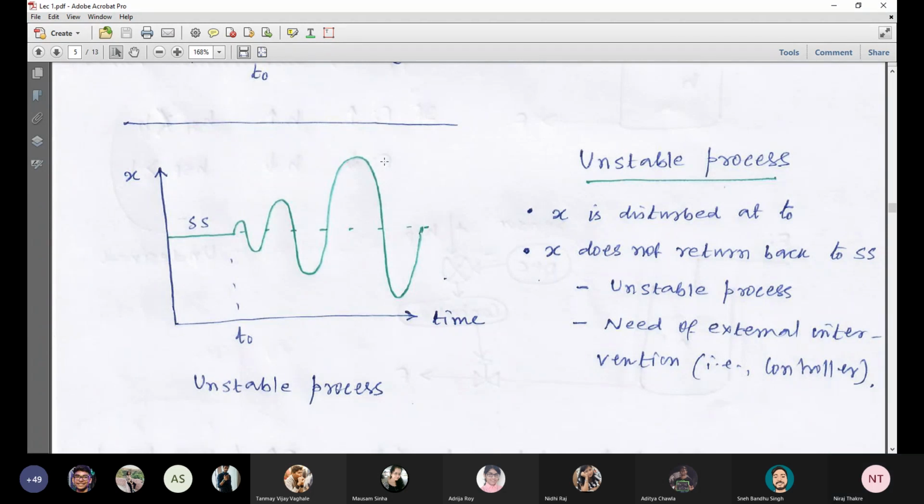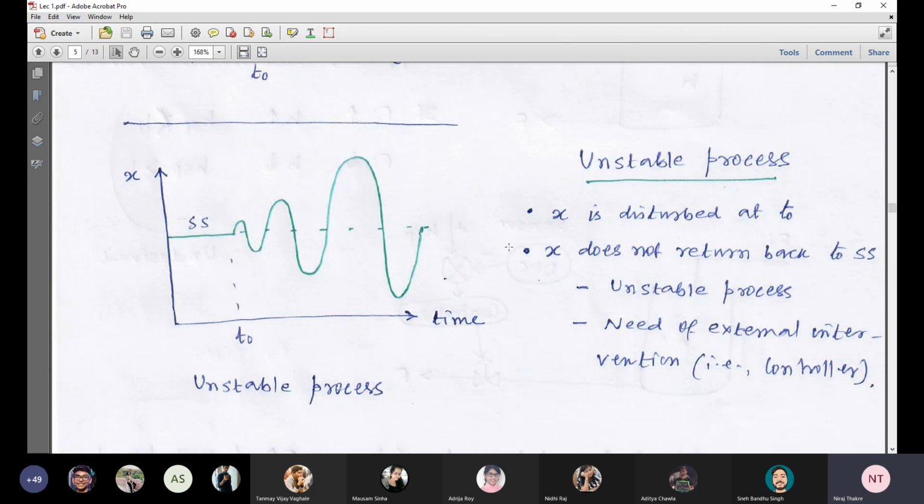Fine. So this is our second issue, and that's why we need to use a controller. First one was to suppress the effect of disturbance. Second one is to ensure the stability. Both are clear to us.